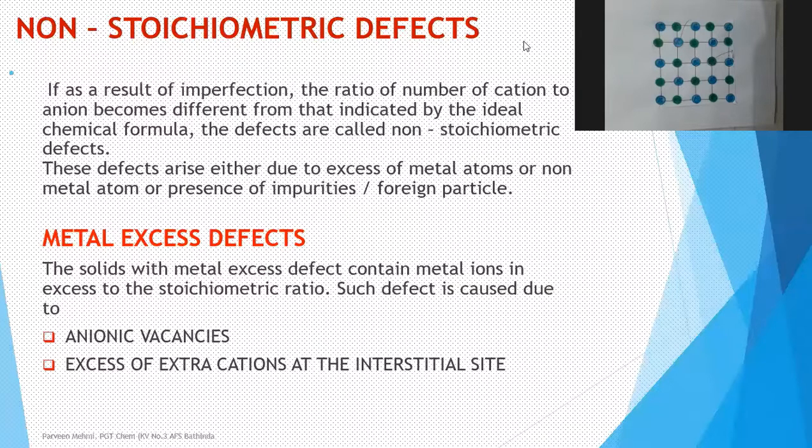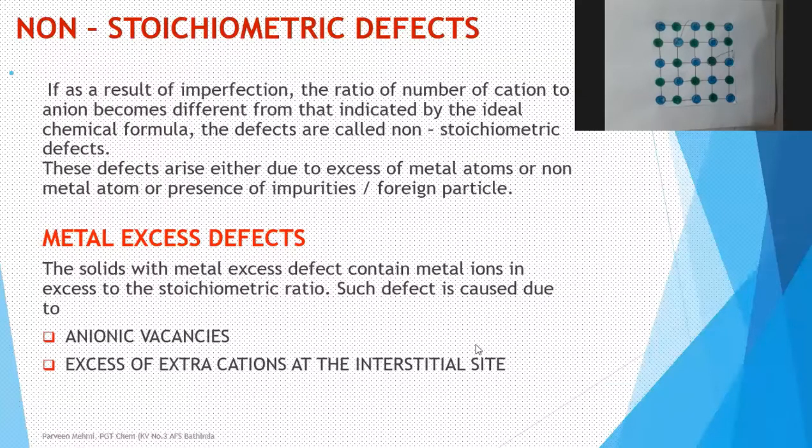Metal excess defect: the solids with metal excess defects contain metal ions in excess of the stoichiometric ratio. Such a defect is caused due to anionic vacancies and extra cations at interstitial sites.